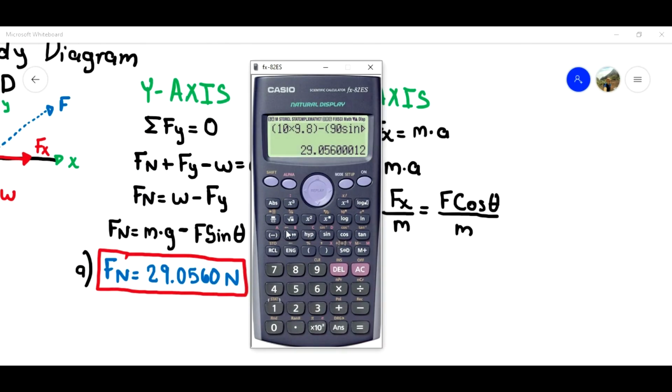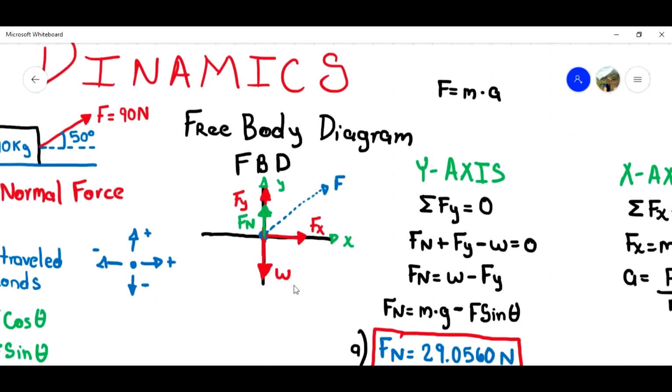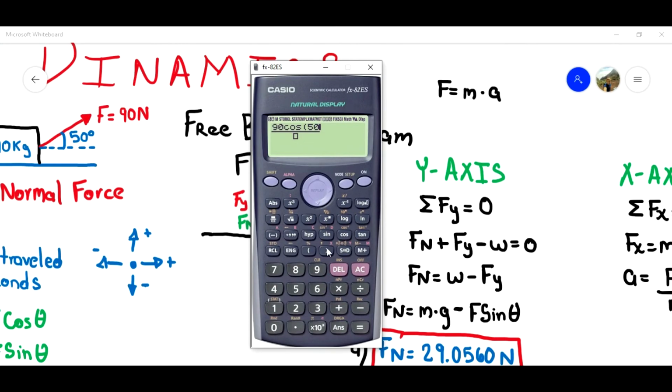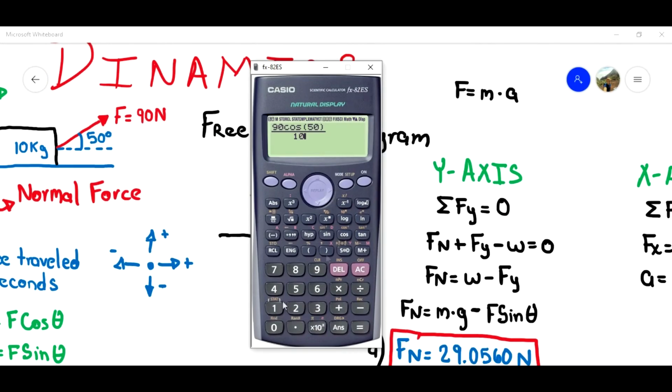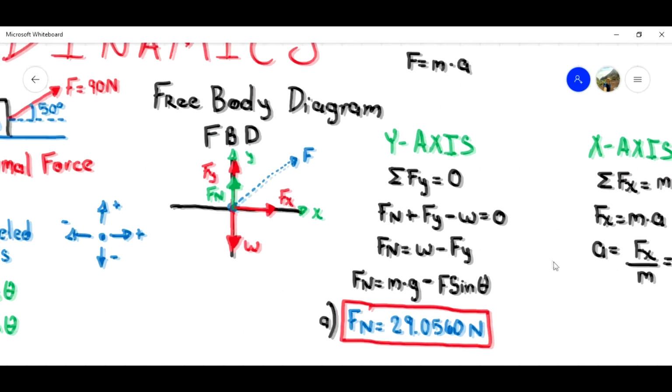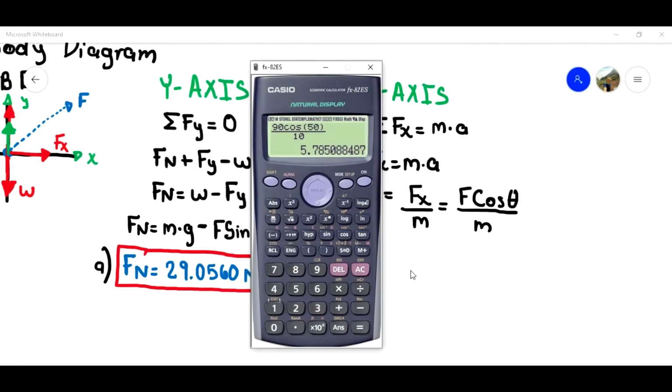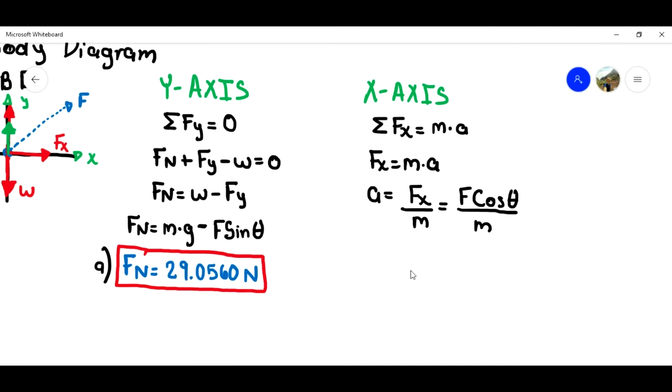So let's get the calculator. Fraction, force is 90 times the cosine of 50, over the mass, 10 kilograms, equals, okay, that is the acceleration. Remember that this must be in newtons and this must be in kilograms, so the acceleration is in meters per second square.